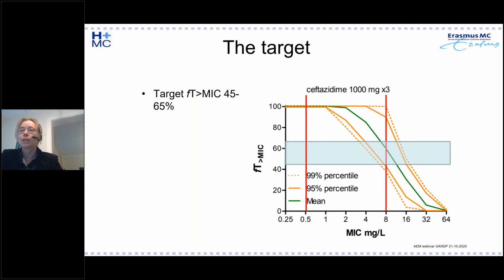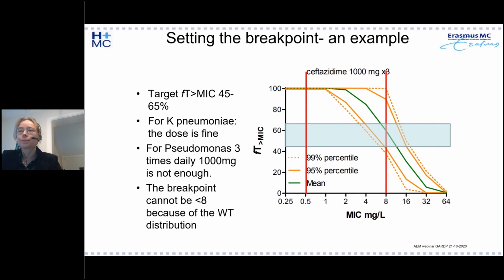If we look at the Pseudomonas, that's a different story. Then we have to look at the MIC of 8. And if you go up from 8, from 0% time above, you see that the target area is somewhere where all those lines are different.